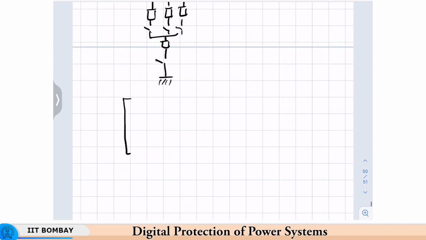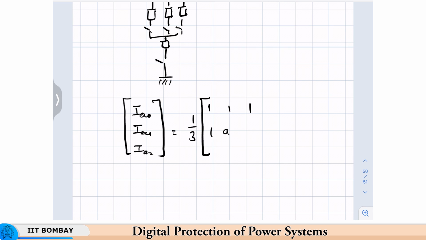Okay. So, in this case we have IA0, IA1 and IA2. We have studied this in the last lecture. A square, A, and this is of course IA, IB and IC.